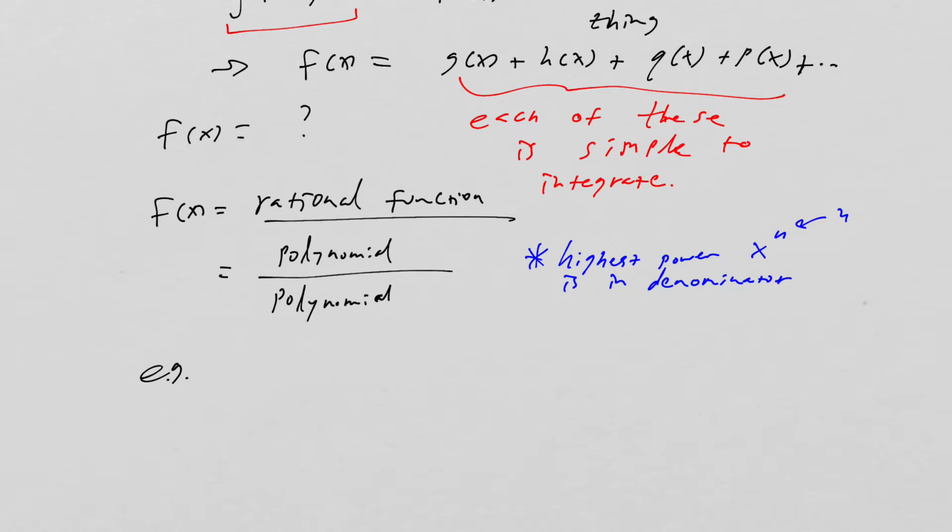Okay, so let's just give an example. A simple example, of course, is 1 over x squared minus 1. All right, so clearly this checks out here. 1 over x squared minus 1 certainly has a higher power in the denominator. The question then is, of course, we want to integrate this function.